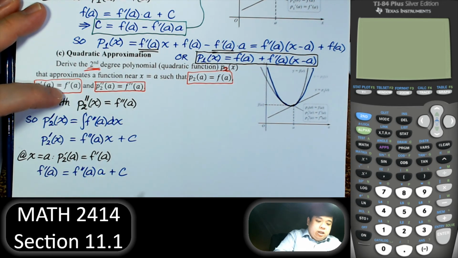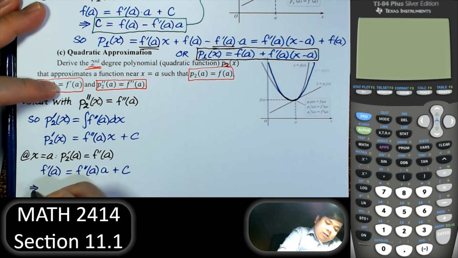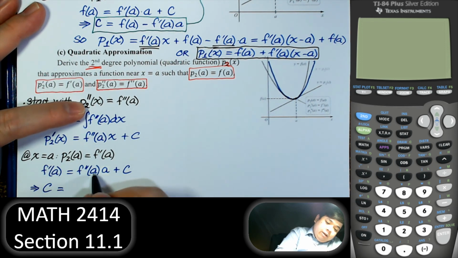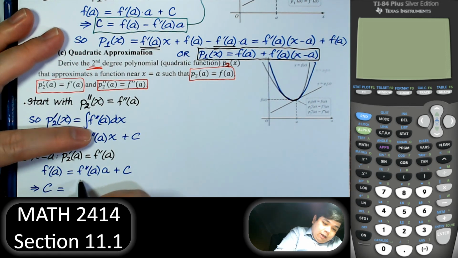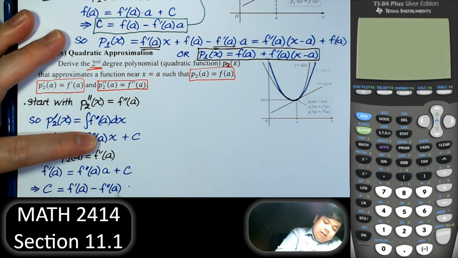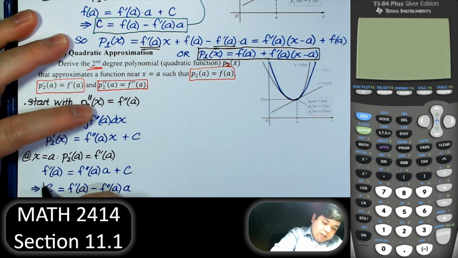Now we solve for c, move this to the other side. c equals the first derivative minus the second derivative times a. And I substitute this back into c.